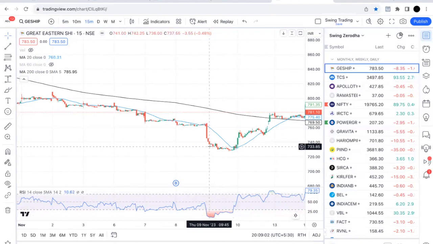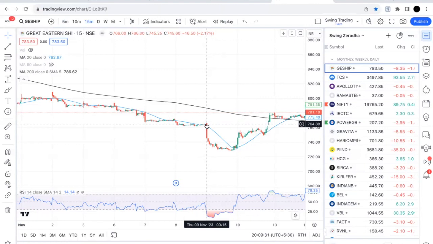So if I follow the rule and trade at this level of 755, I would end up losing money and time, because I would have to wait a few more years for it to come back to the same level. Correct. I agree.